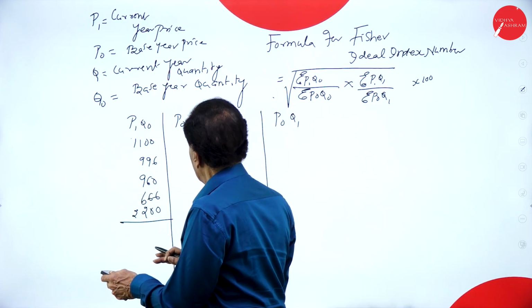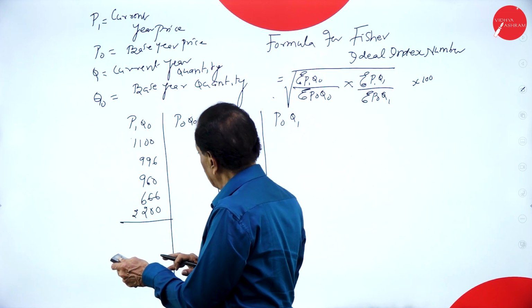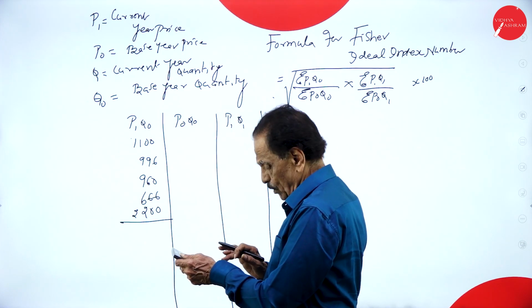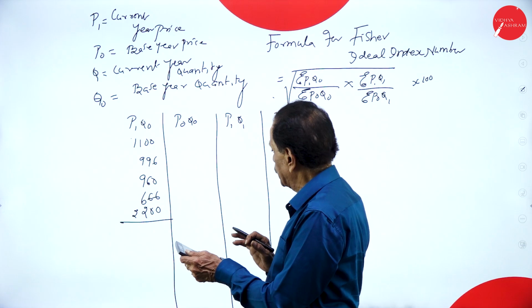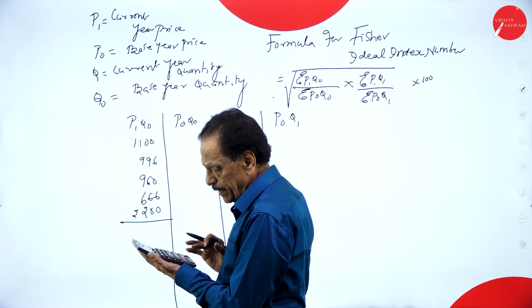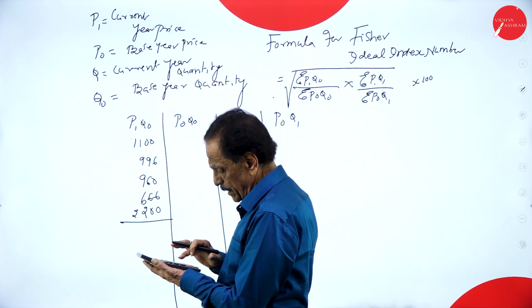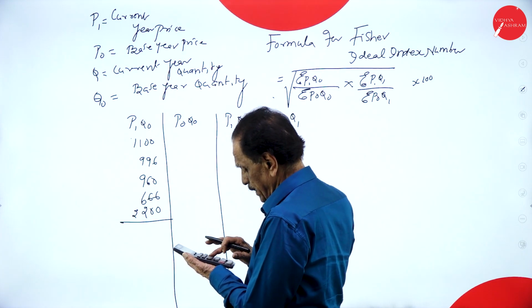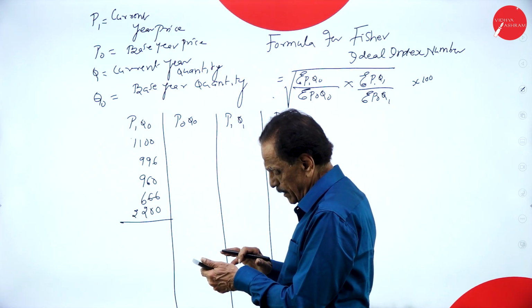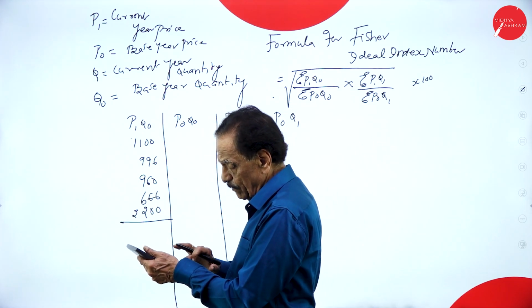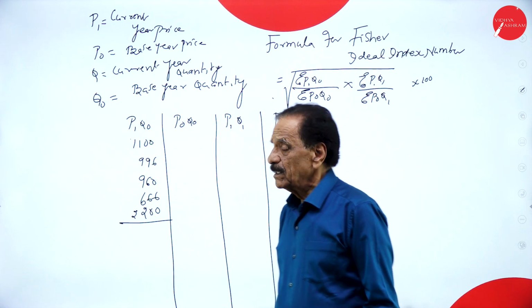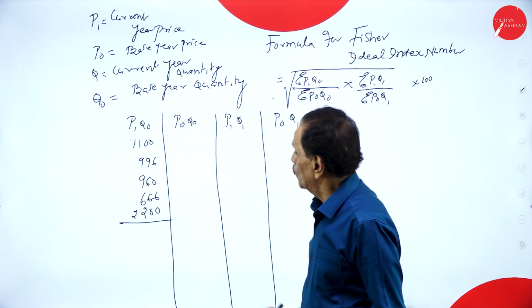Add the figures. 1100 plus 996. So we have multiplied P1 and Q0.